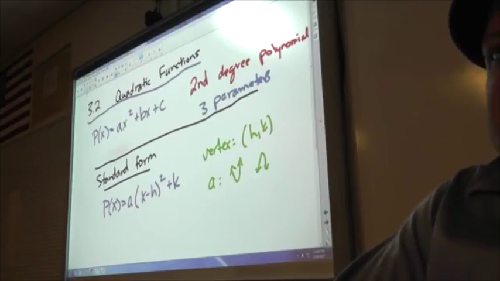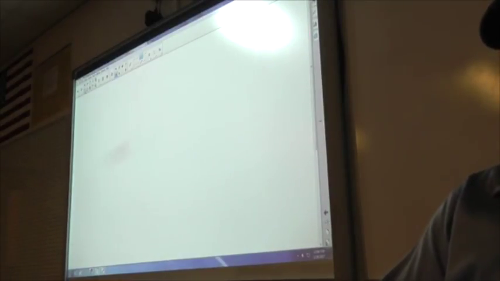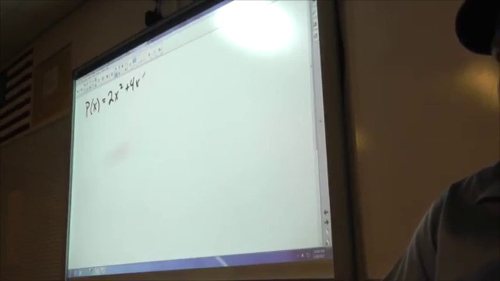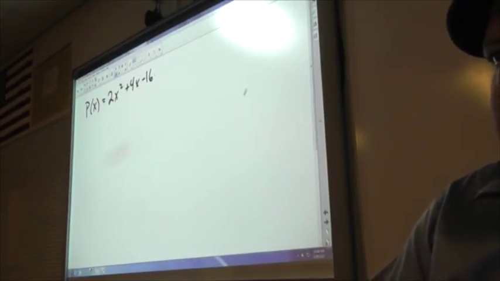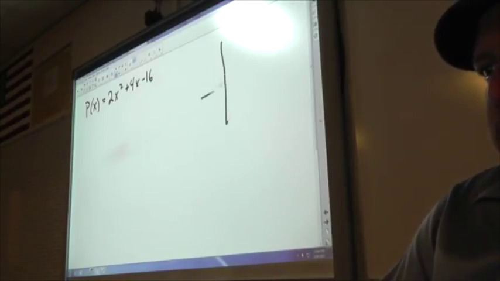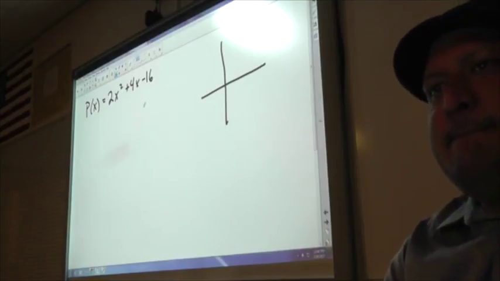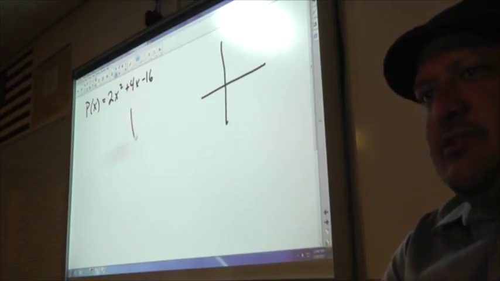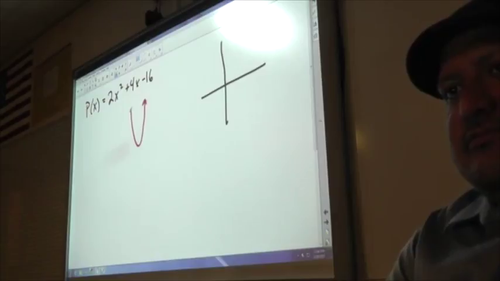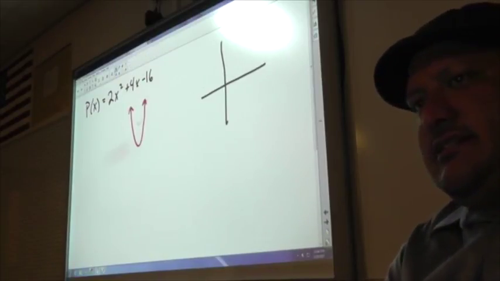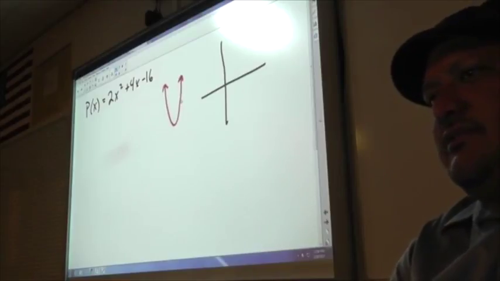So here's an example to see why this is so important. All right, would you guys agree that this is a parabola that opens upward? Yes. And let's just suppose it looked like this. It may or may not, but we can always scale this so that it does. Now here's a question.